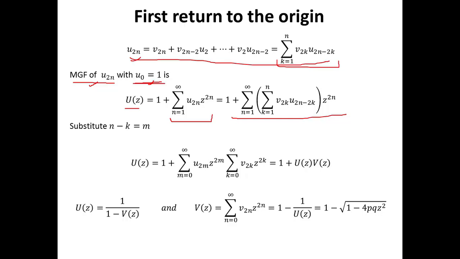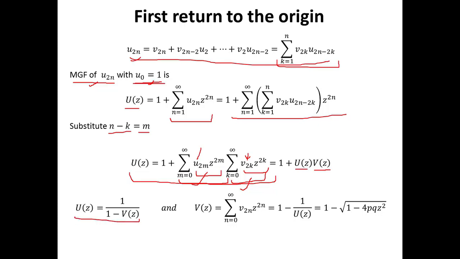And if you take the substitution n minus k equals m, you will get this expression where the m dependency and k dependency are separated out. This will be equal to U(z) times V(z), where U(z) is the moment generating function for u2m and V(z) is the moment generating function for v2m. So U(z) equals 1 plus U(z) V(z).